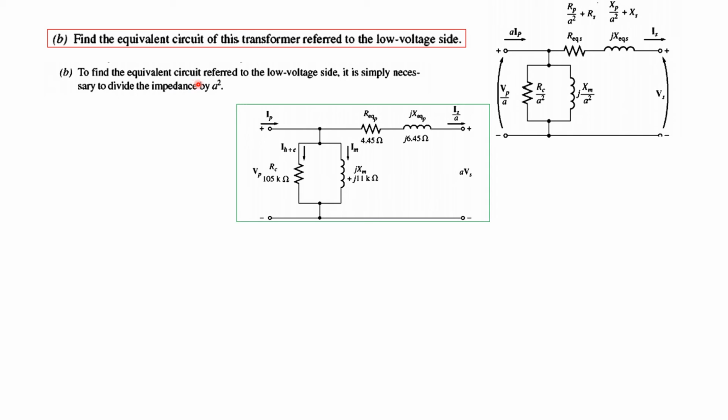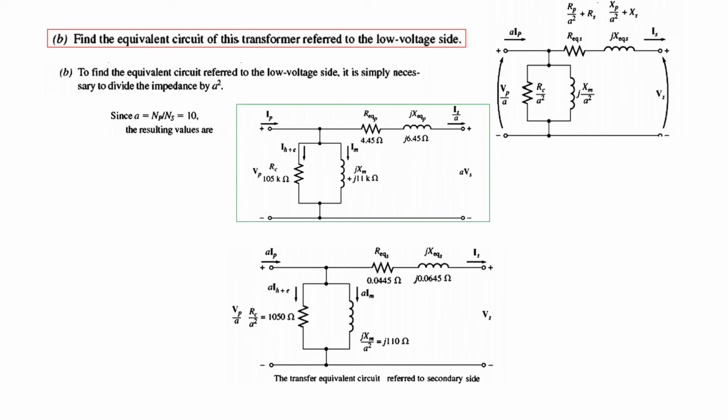So to find the equivalent circuit referred to the low voltage side, it is simply necessary to divide the impedances by A squared. So you can see that the impedances have been divided by A squared. We'll just divide these impedances by A squared, and A in this case is primary over secondary, which is equal to 10.